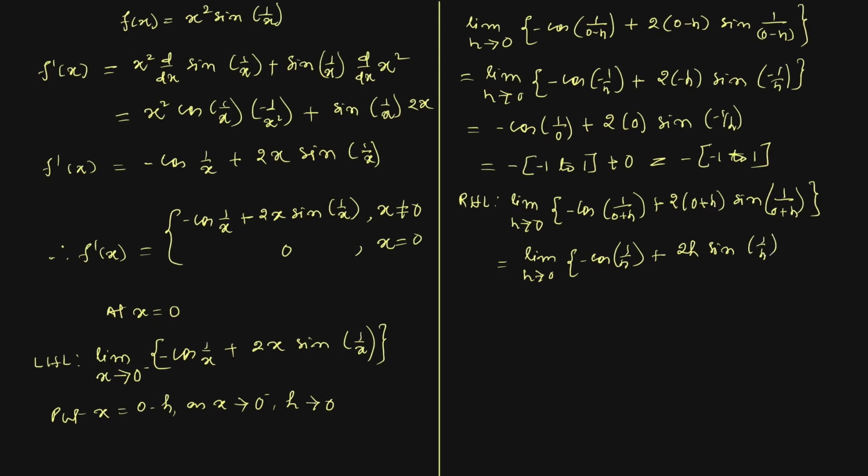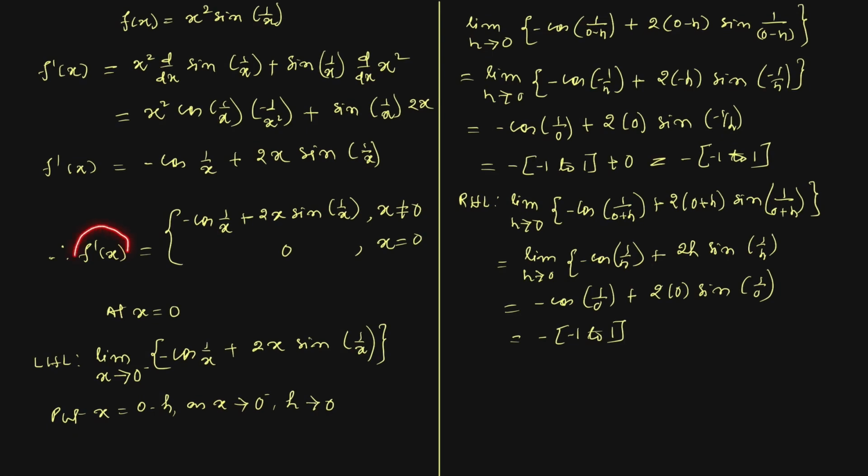After that we put the limit, then we will get minus cos 1 by 0 plus 2 into 0 sine 1 by 0, which is equal to minus 1 to 1.